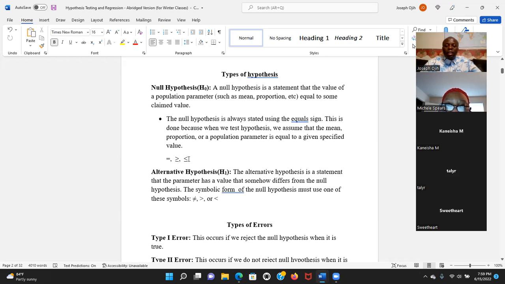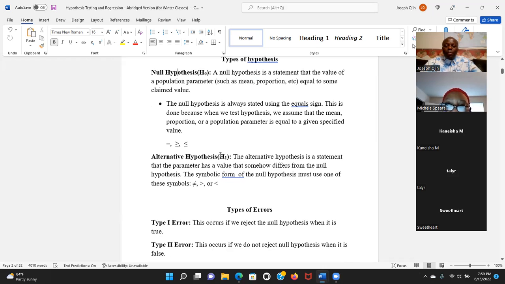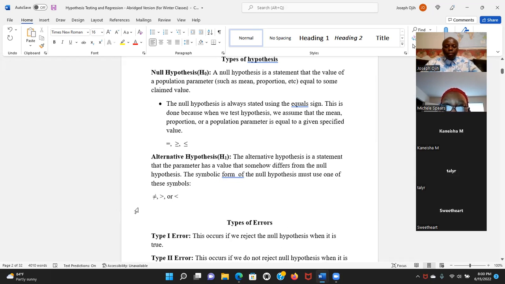You can only use less than or equal to, or greater than or equal to. Now, the alternative hypothesis is always saying the opposite of what the null hypothesis is saying. For that, look at the symbols we use for alternative: not equal to, greater than, less than. So these symbols here, you cannot use them in null. And the ones for null cannot be used in alternative.